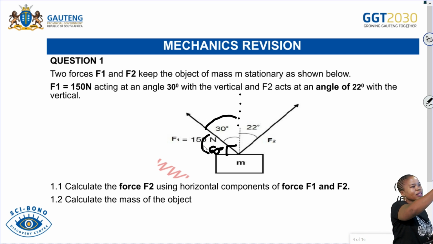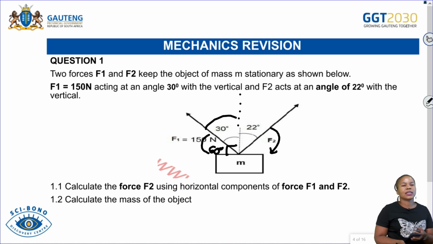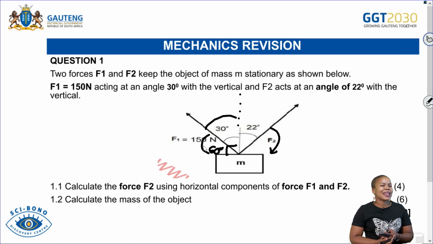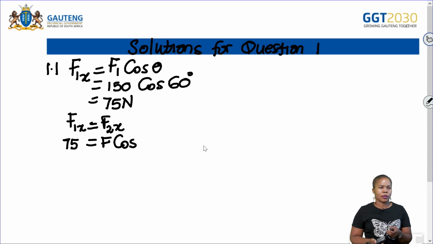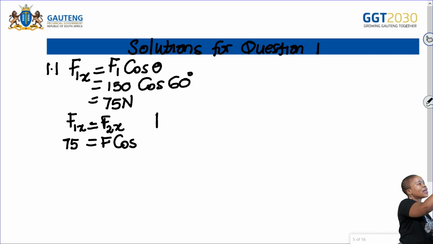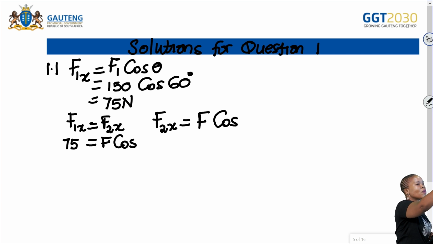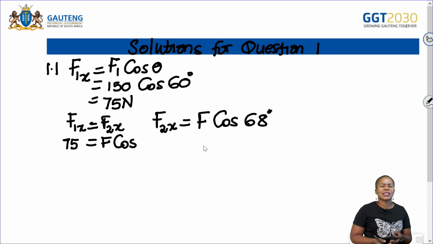We are only interested in the angle between the horizontal and the force. So in that angle, what is that angle in there? It's 68, right? So if our F2 is equal to the main one, which is then cos of what? Of 68 degrees. And why do we have a 68?